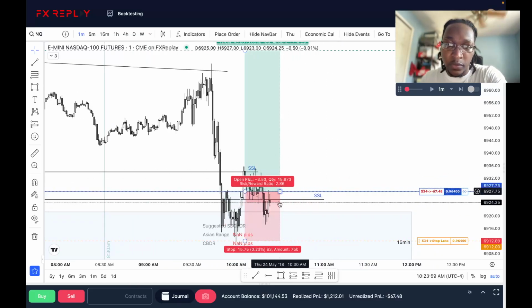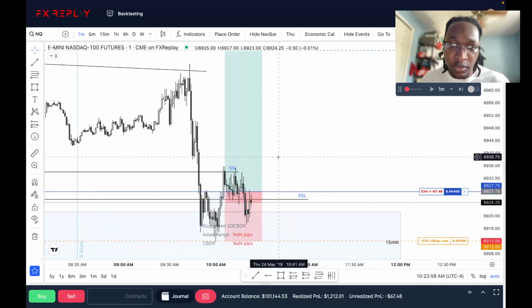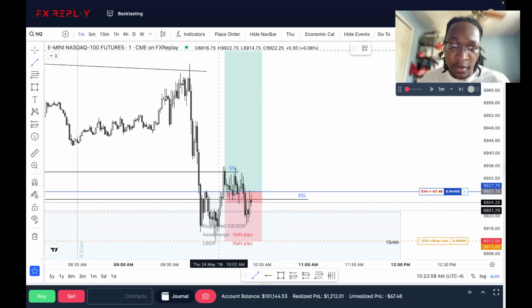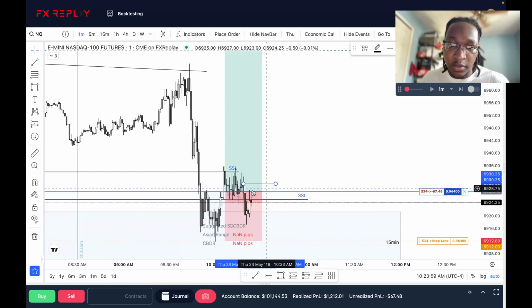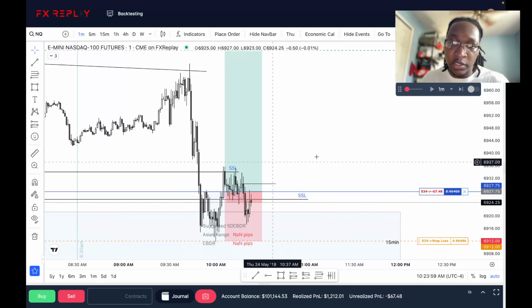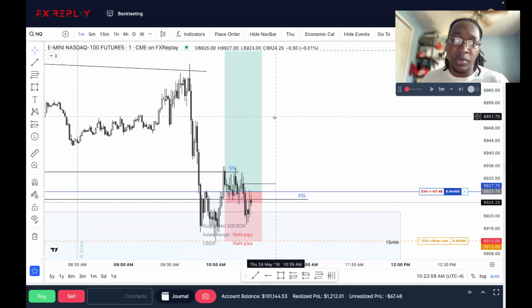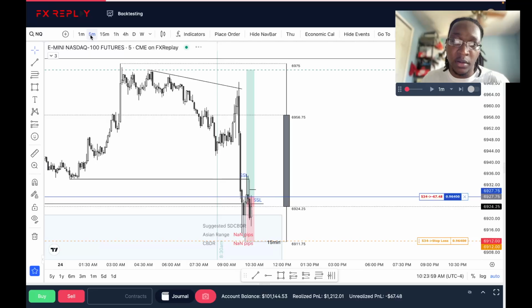So if we get the expansion, just looking at it here, if this order block, these last two down candles before the up move, if these hold price and we close above this here, that would turn these last two down candles into an order block, and then I would like to see price push up higher from there.